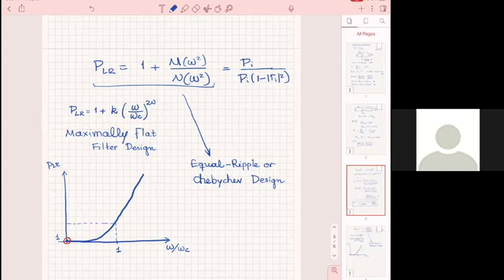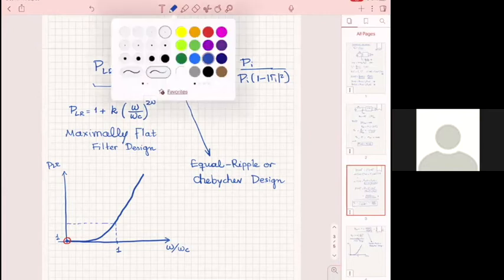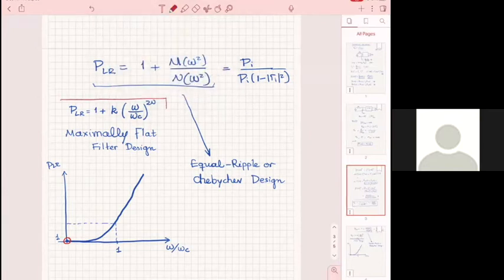So that is the form simplified, all right? They simplified, and those gave all the family of the maximally flat filters. Okay, that was one.